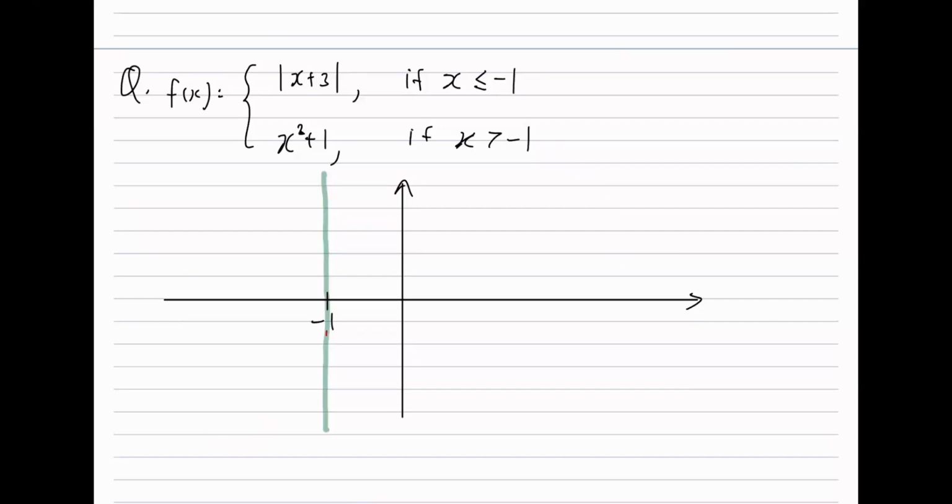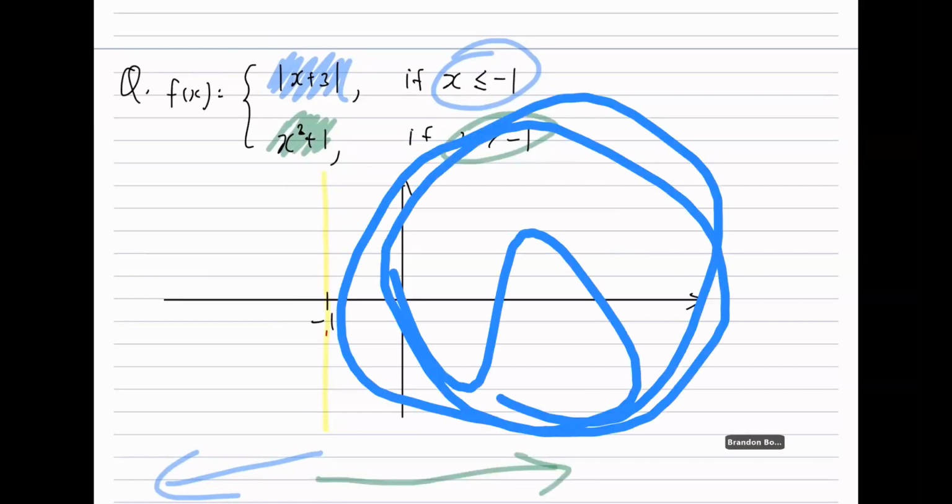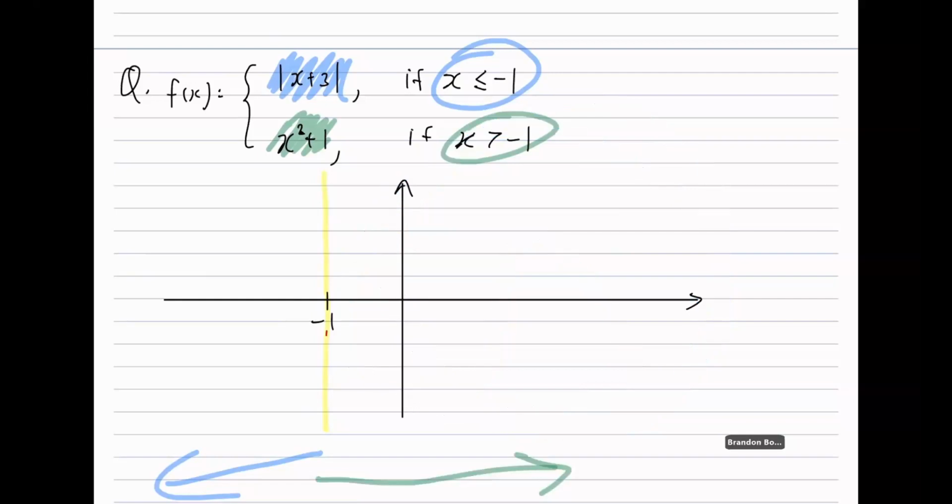Who do you think is represented by the left half? What are you going to draw on the left half? Must be this one, less than or equal to negative 1. How about the x squared plus 1? More than negative 1, so you're the right half. Okay, so now let's see how to draw this.